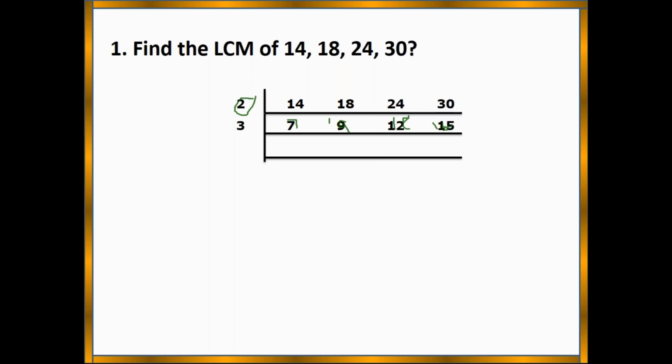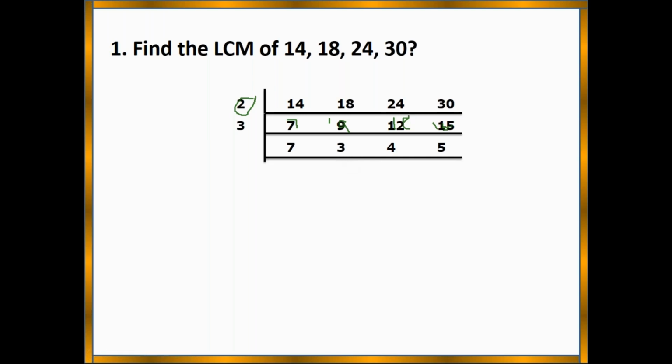Please follow the calculation. Again if you take 3: 7 is not possible, 3 3s are 9, 3 4s are 12, 3 5s are 15. So here it is not possible further.